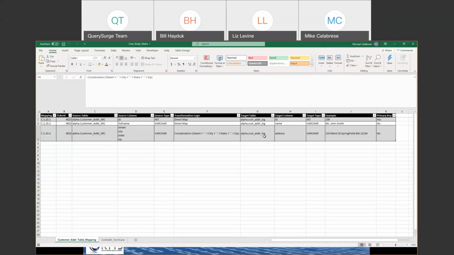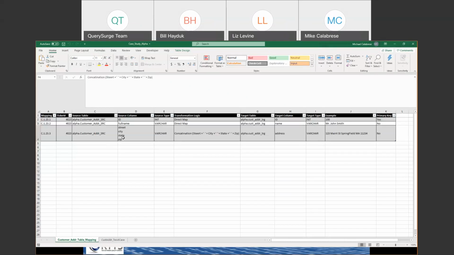The target table just has 3 columns. The single column for address is a concatenation of 4 different columns from the source. So you can see here that it's easily identified and updated in the mapping document that has been generated here. And this was not only done for this table, but all the tables in their environment.